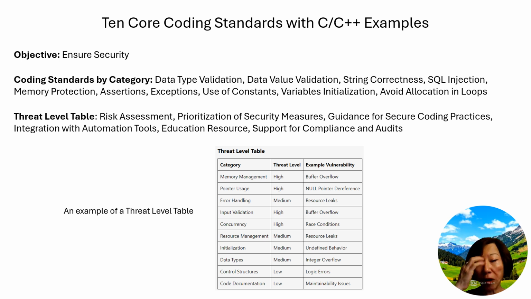It helps you to prioritize what kind of security measures you put in first, how much time and effort you want to put in based on the severity level, impact level, and threat level, so that you can allocate your resources efficiently and address the most critical vulnerabilities effectively.